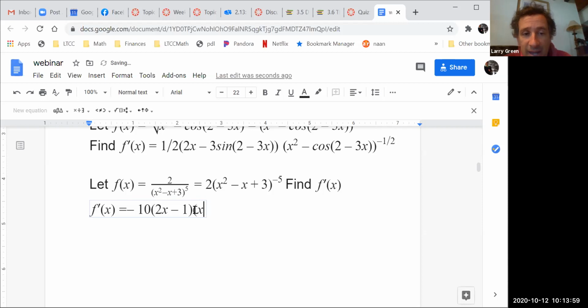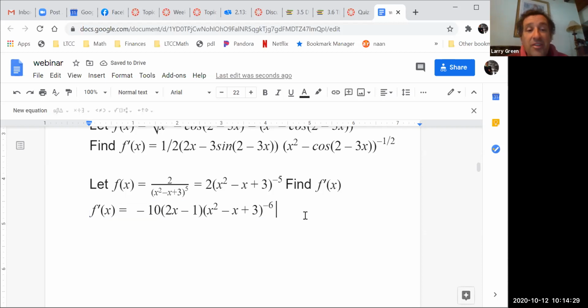And then times x squared minus x plus 3 to the, and what's negative 5 plus 1? I'm asking you because it's a mistake some people make. Yeah, that's why I asked. What's negative 5 minus 1 is what I meant, because that's what we're doing, and that is negative 6. And there's your answer.